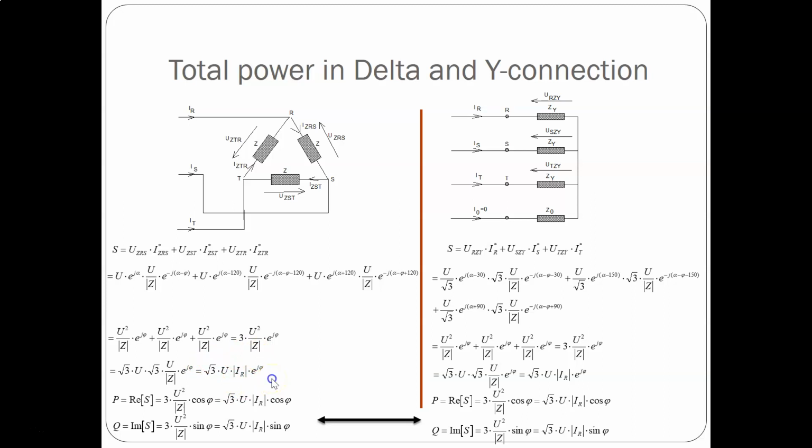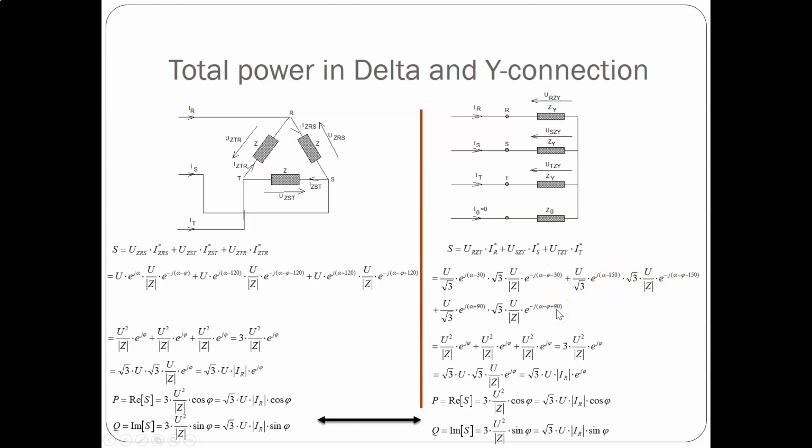If you want the active and reactive power, you just take the real value of S and the imaginary value of S in this fashion. For the Y connection, we just do the same. The difference here is, of course, the angles and the expression for each of the phases. Here you can see we get 30 degrees, 150, and 90.